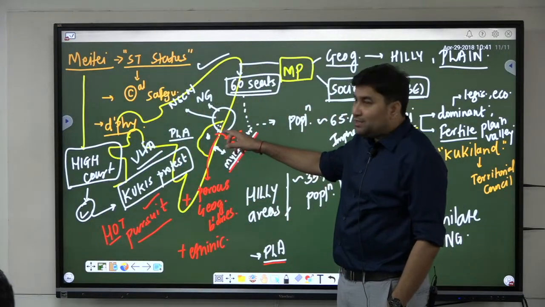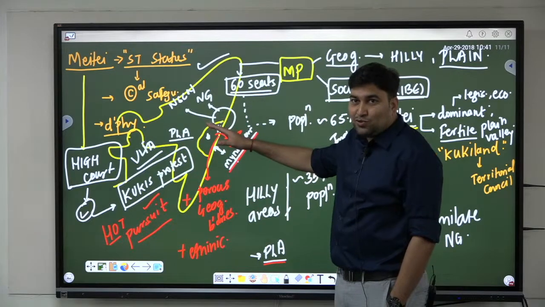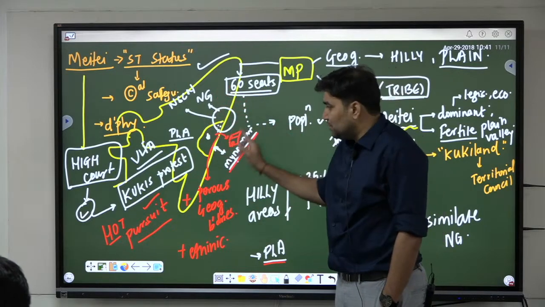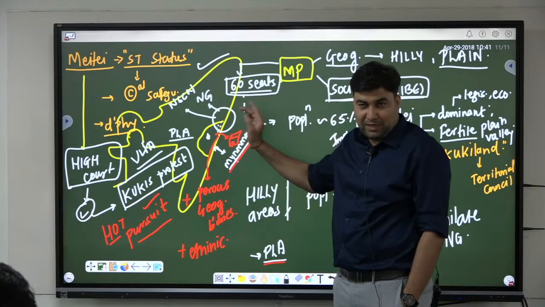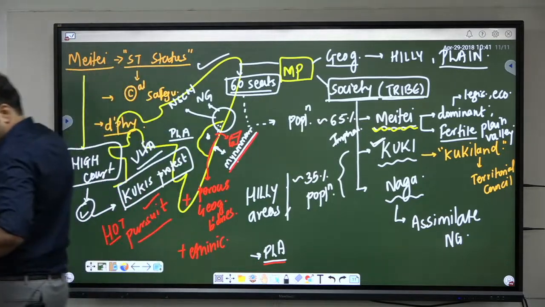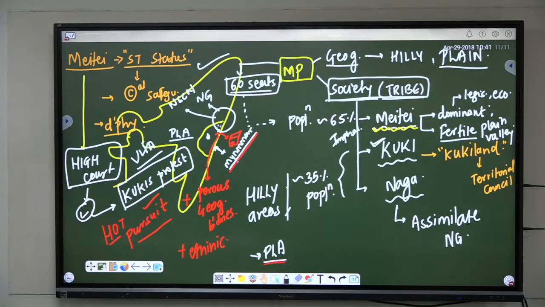Because if Nagaland is taking this much part, that means some of the state is going. So they say that since centuries we are this much, we are not going to give, right? Third, Meitei traditionally dominate political and economic power of the region.